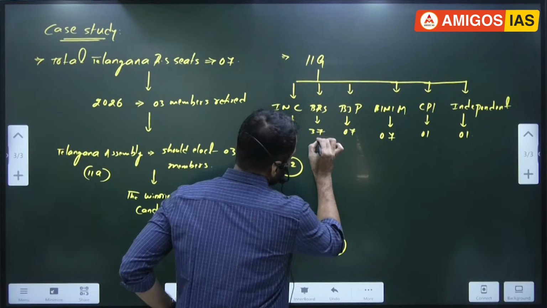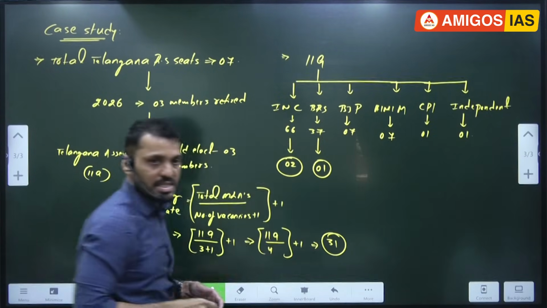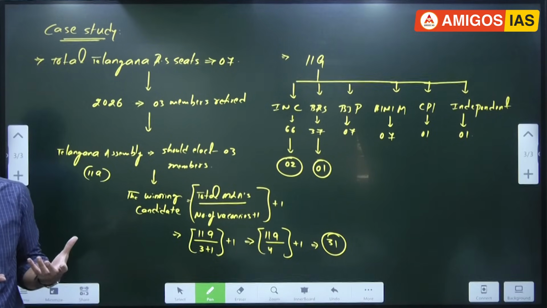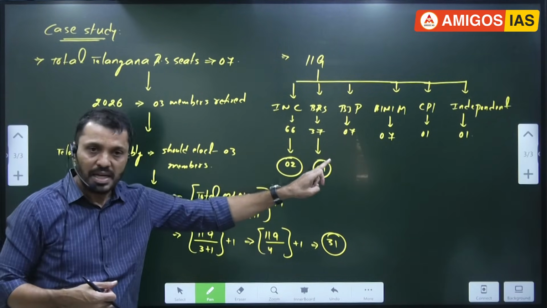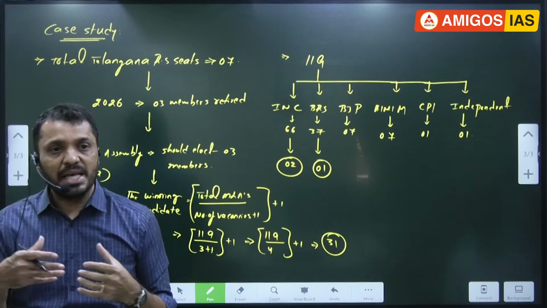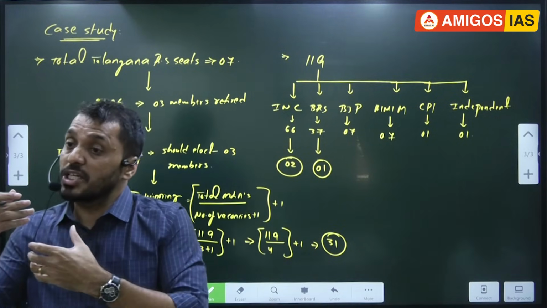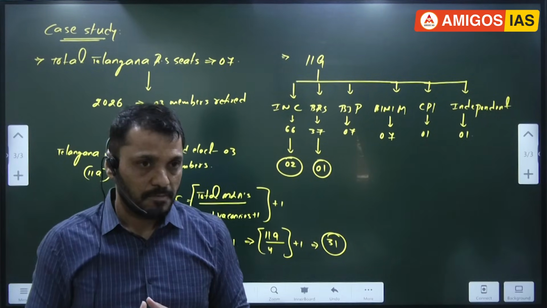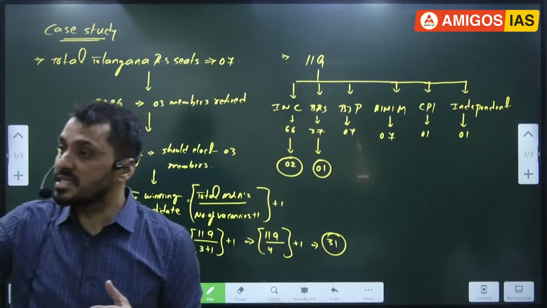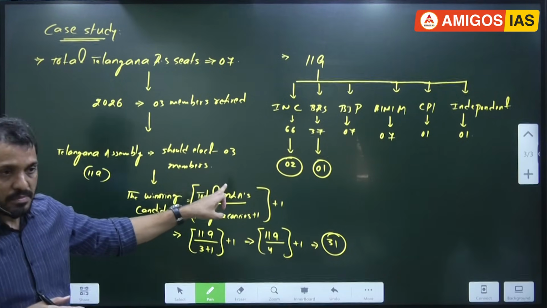Whereas BRS gets 1. Can the rest of the parties have any Rajya Sabha representation from Telangana? No, because their MLAs are less in number. So from this, can we say that based on their strength in the assembly, their representation will be there in the Rajya Sabha? If they have more MLAs in the assembly, then they have more representation in the Rajya Sabha. Are we clear about this?